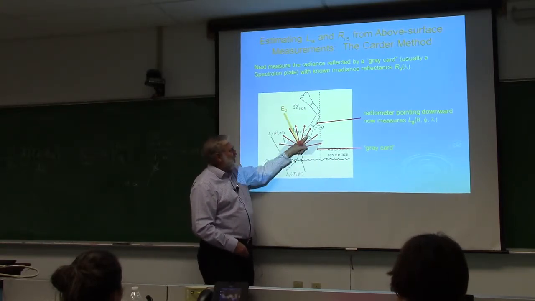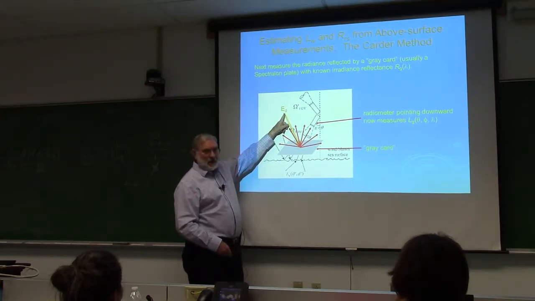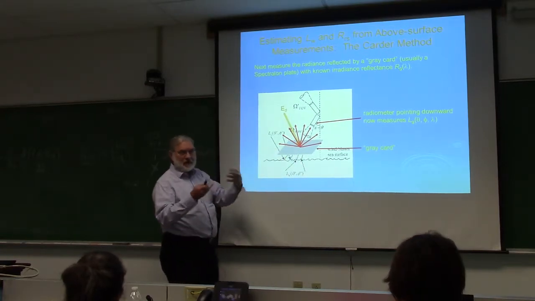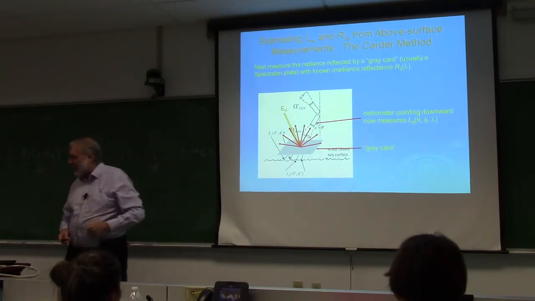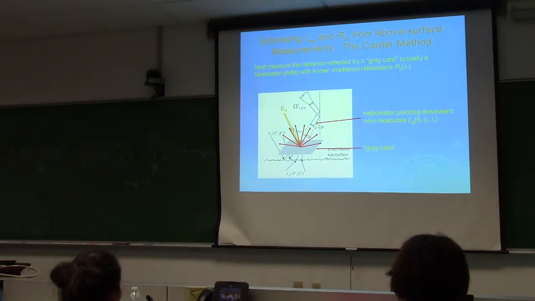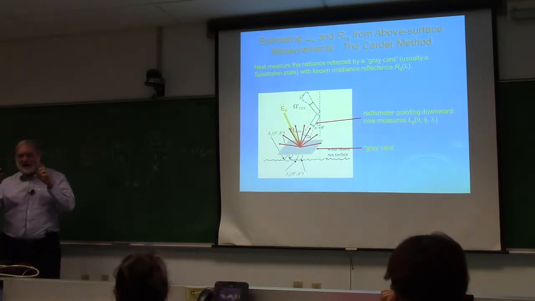So you can make this radiance measurement and figure out what ED was going down. That's the ED you need to compute remote sensing reflectance. And it's funny, I don't know, those gray cards are not still here, I don't guess, but I noticed the package of the gray cards.